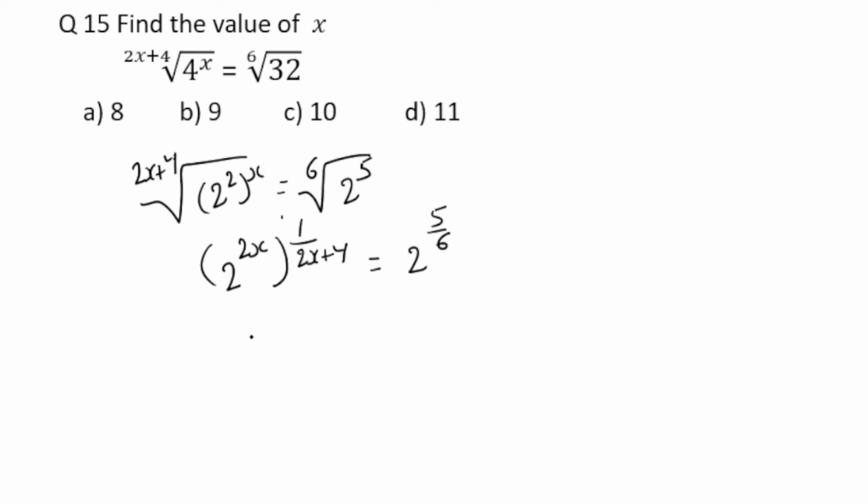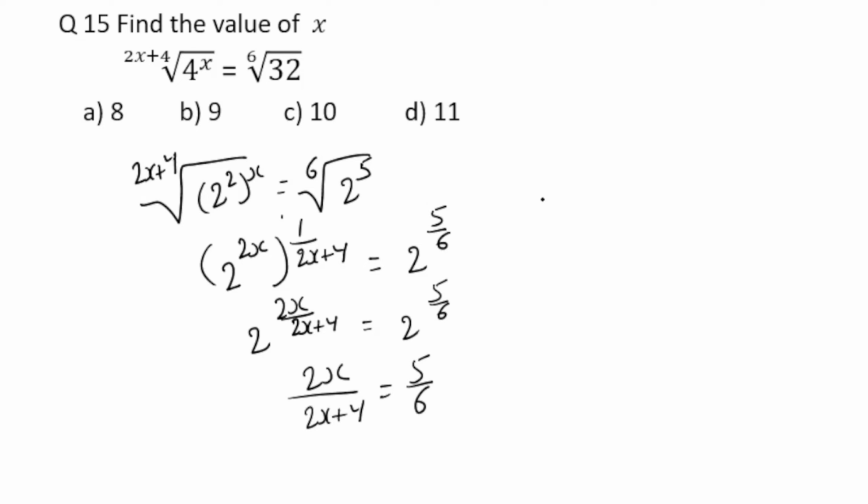Now the powers are multiplied: 2 to the power 2x over 2x plus 4 equals 2 to the power 5 over 6. Now we have the same base, that means the powers should be equal: 2x over 2x plus 4 equals 5 over 6.